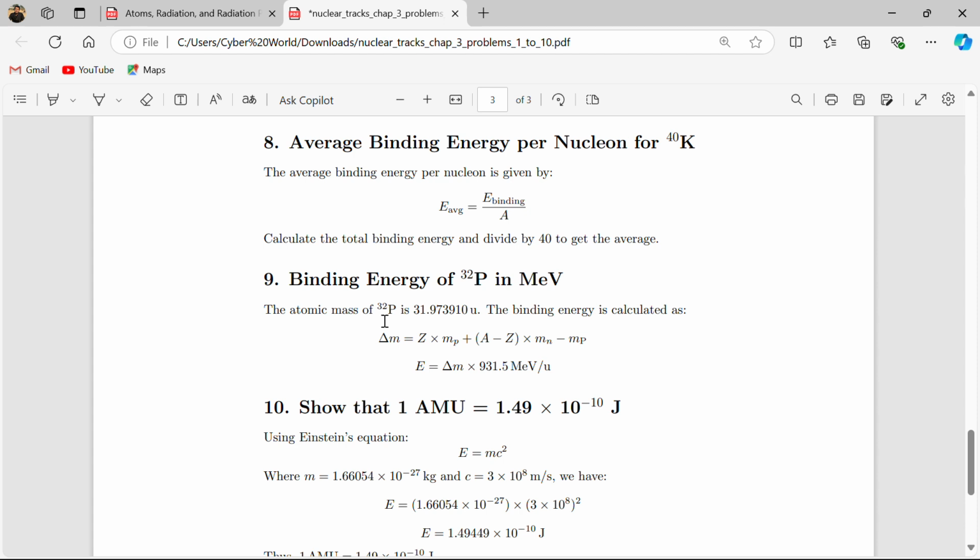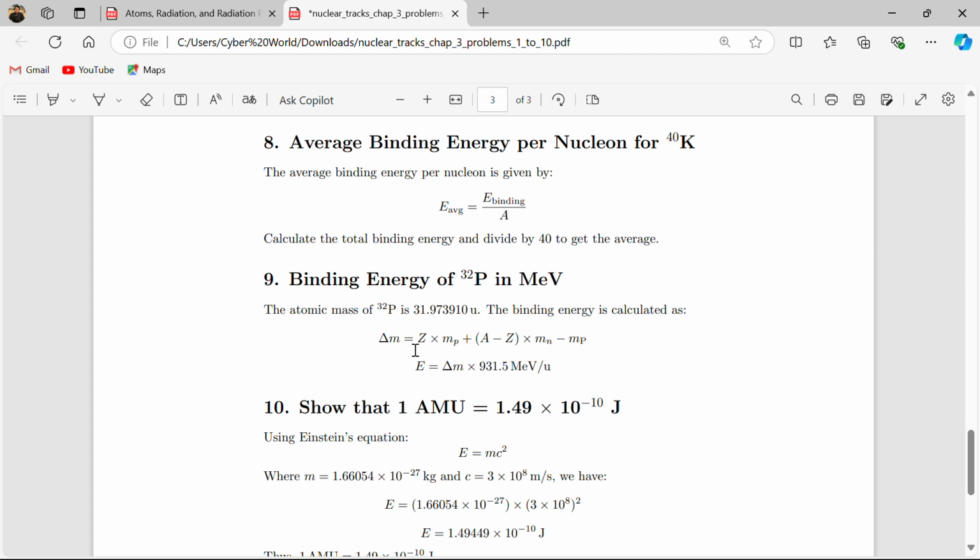So 17 is the number of neutrons. The number of protons is 15, and the number of neutrons is 32 minus 15, which is 17.